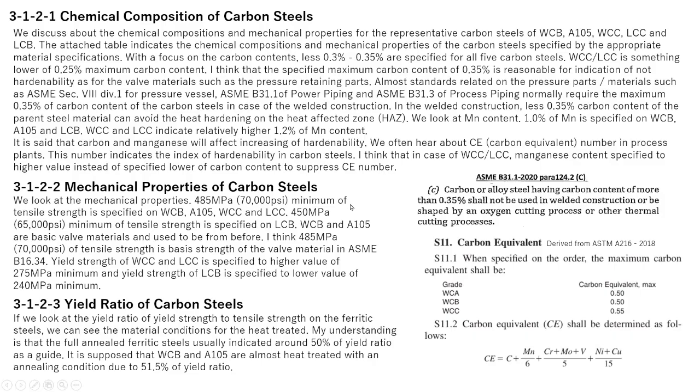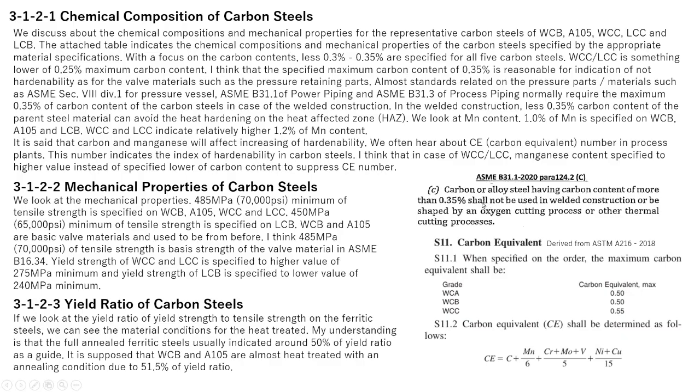The description on carbon content derived from ASME B31.1 says that carbon or alloy steel having carbon content of more than 0.35% shall not be used in welded construction.